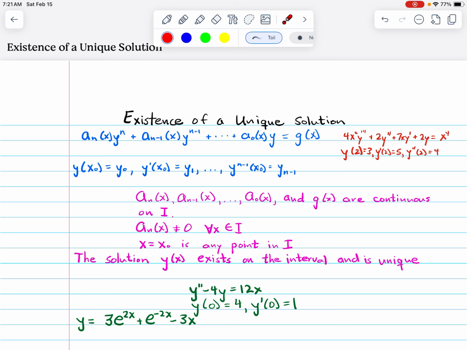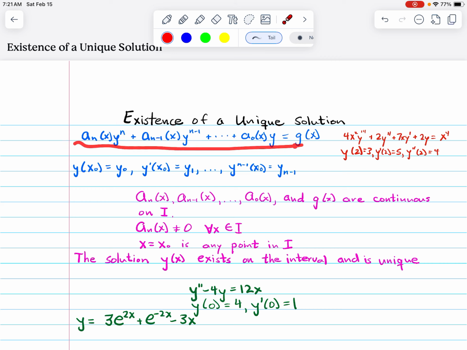Now, in general, I wrote the general expression here where you have this a sub n minus 1, and so forth. Those correspond to these numbers in front of the derivative, and they are functions of x. Of course, a sub n is the coefficient of the nth derivative, then the n minus first derivative, and so forth.